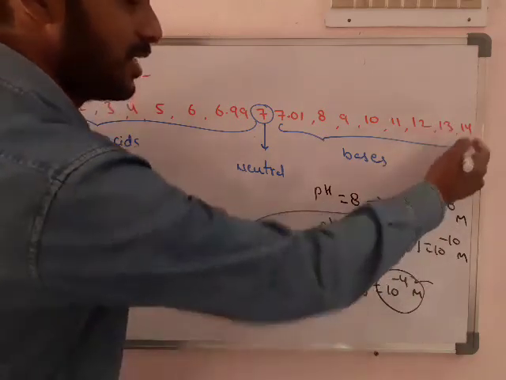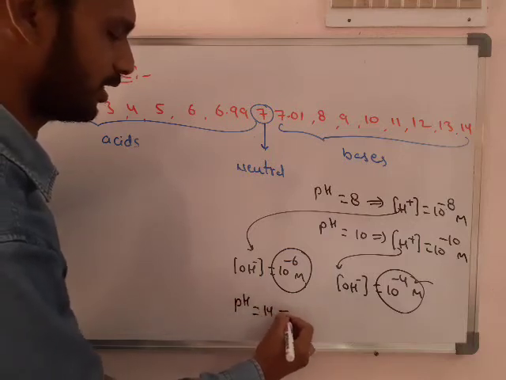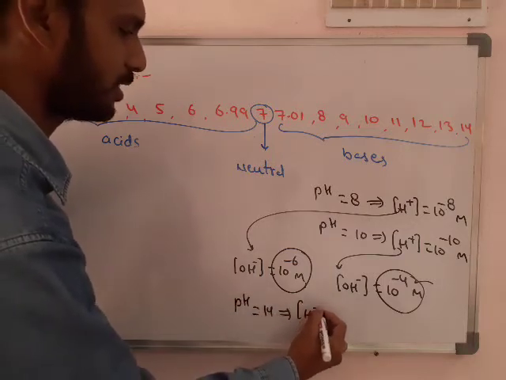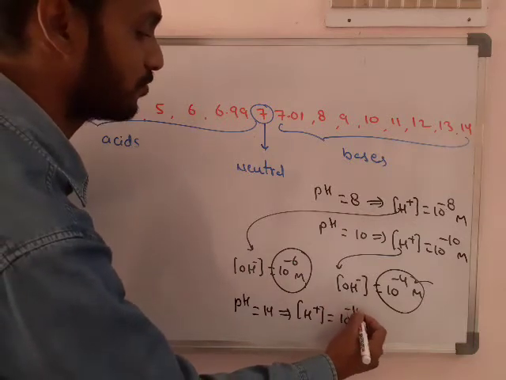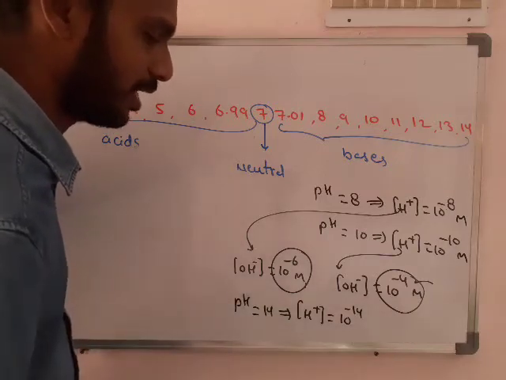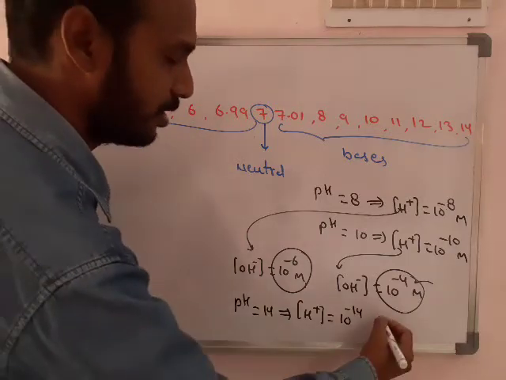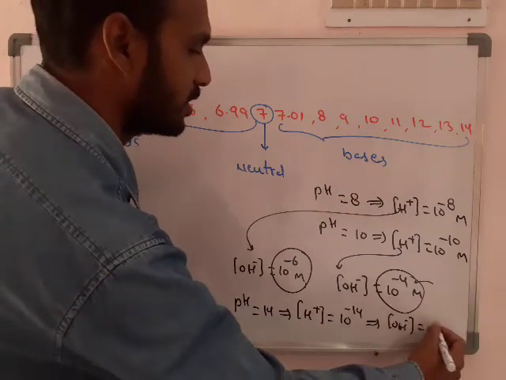In the same way, if you take pH equal 14, what is the H plus concentration? H plus concentration equals 10 power minus 14, and the OH minus concentration is 1.